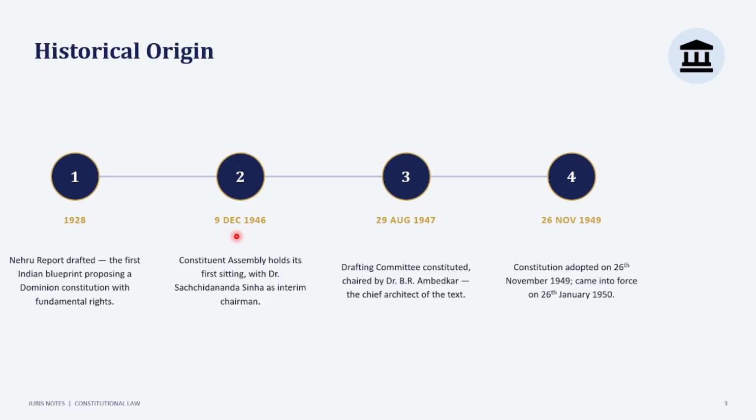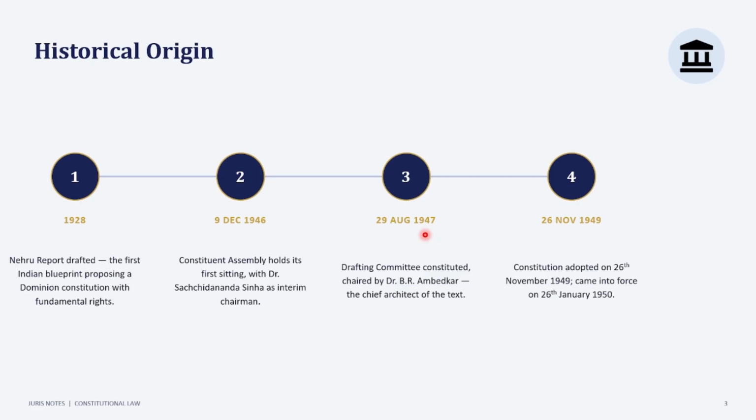Then we come to 9th December 1946. This was the first sitting of the Constituent Assembly, and Dr. Sachidananda Sinha served as the interim chairman of the Constituent Assembly. Then we come to 29th August 1947. On this date, the drafting committee was constituted with Dr. B.R. Ambedkar as its chairman.